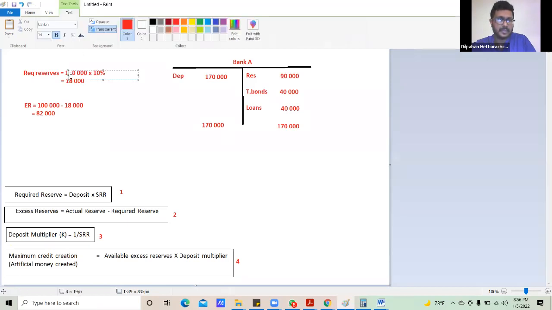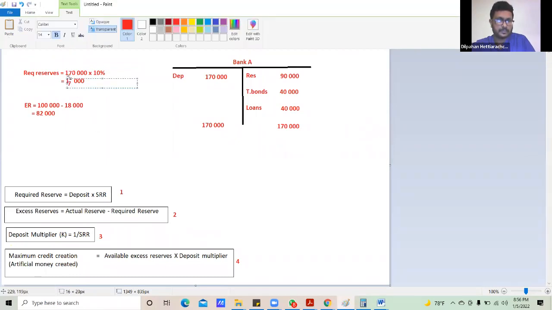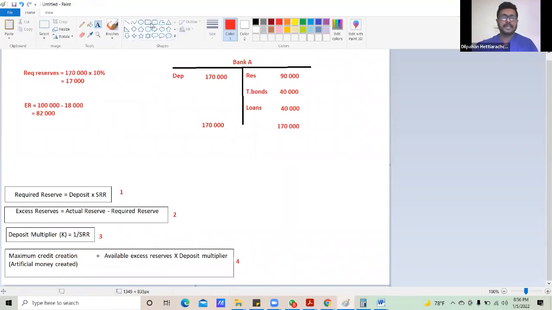So here it should be 170,000. So then the answer will not be 18,000. It will be 17,000. Right? And then this calculation, excess reserves equals actual reserve minus required reserves. How much is the actual reserve now? Is it 100,000? No, it is 90,000.